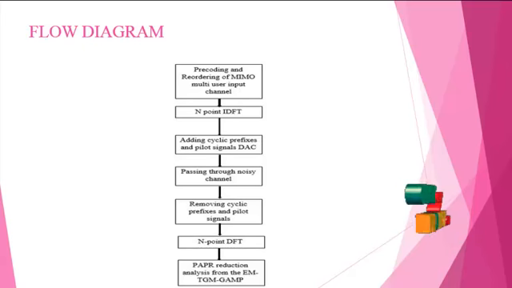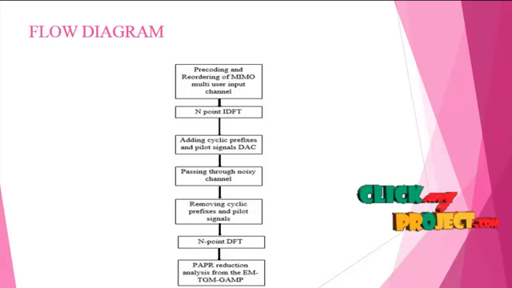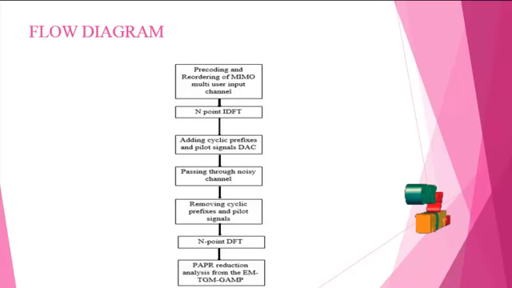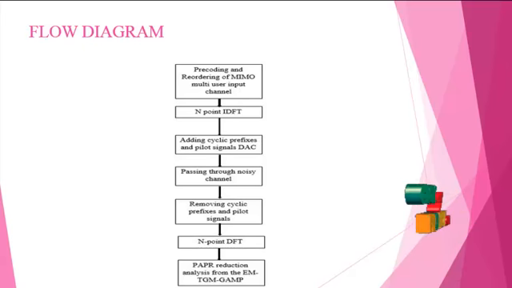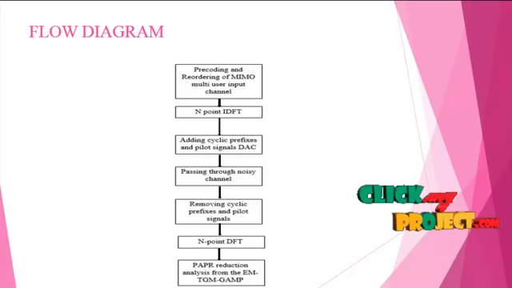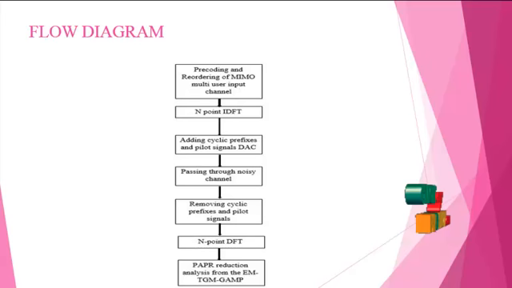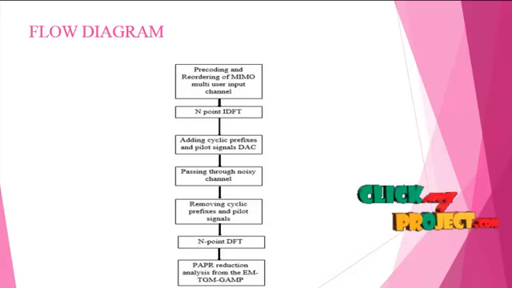First, we are going to send data into the OFDM MIMO channel. Initially, the data is pre-coded and reordered and taken as input to the MIMO input channel. The reordered data is now IDFT processed. IDFT means inverse discrete Fourier transform.